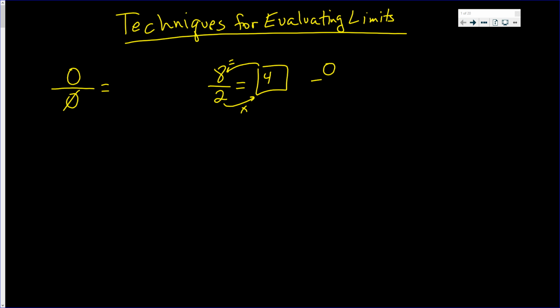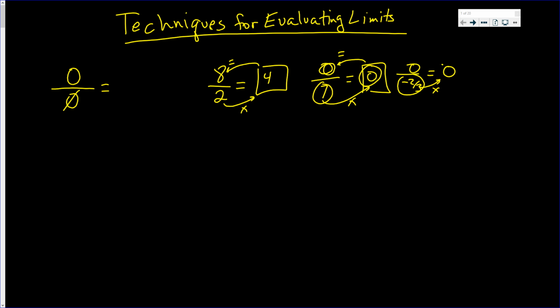And if you have 0 over not 0, you can ask yourself the same question. 7 times what equals 0? The answer is 0. In fact, that's the only answer. If you multiply two numbers and none of them are 0, well, the product will not be 0. If you have 0 over negative 2/3, that's 0, because this non-zero number times 0 is going to equal 0.